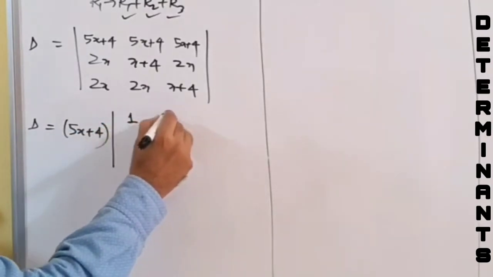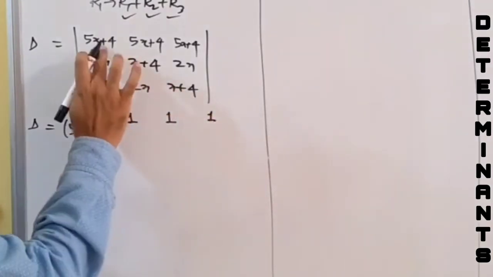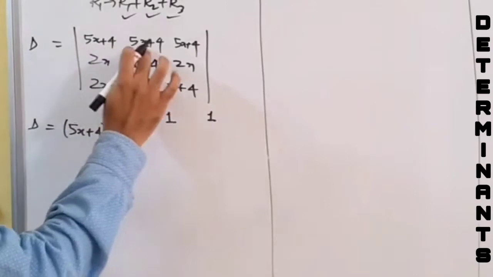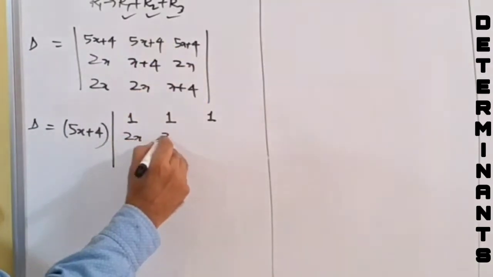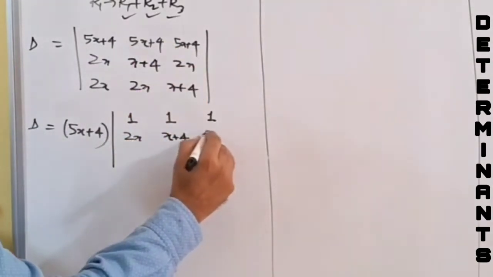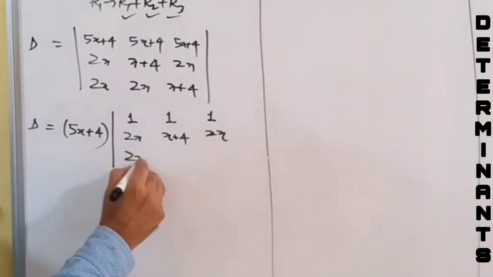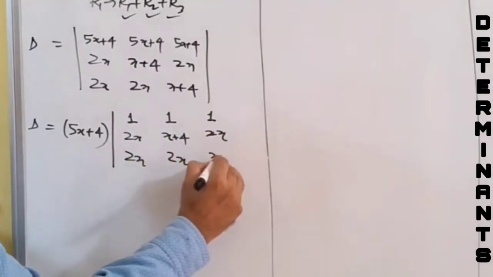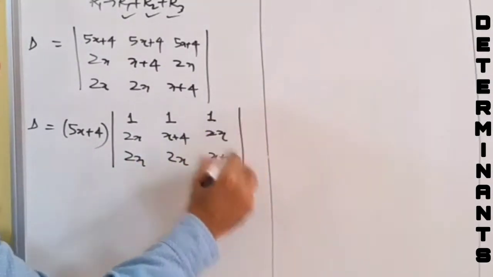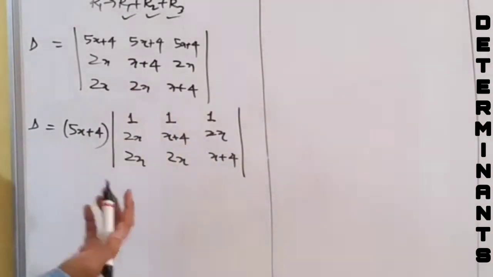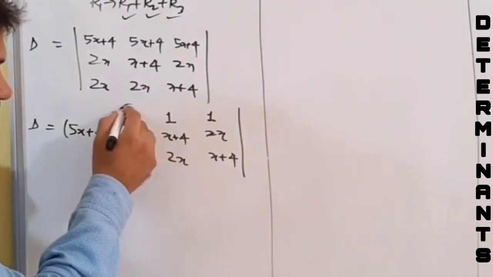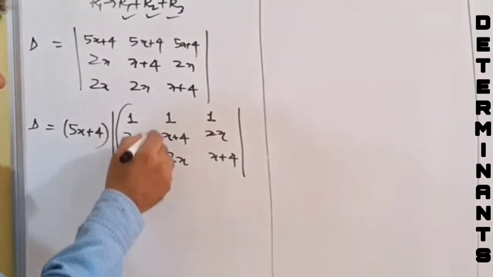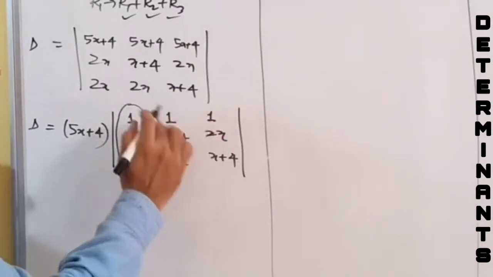That gives me 1, 1, 1. 5x plus 4 is common. So 1, 1, 1. This is 2x, x plus 4, 2x, 2x, 2x, x plus 4. Now we make two zeros with the help, we fix one column. With the help of this column we make two zeros here.